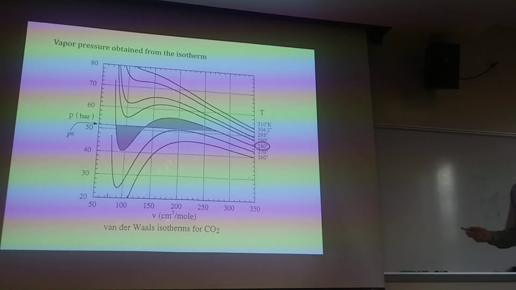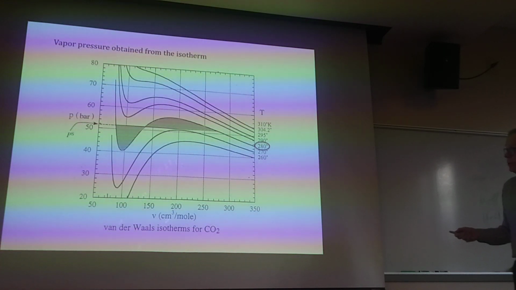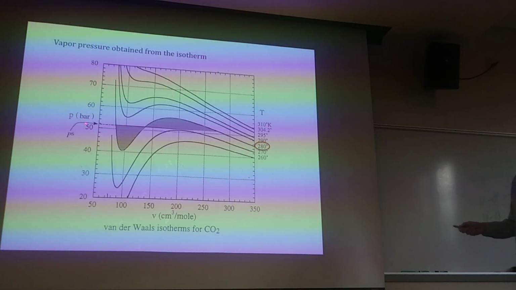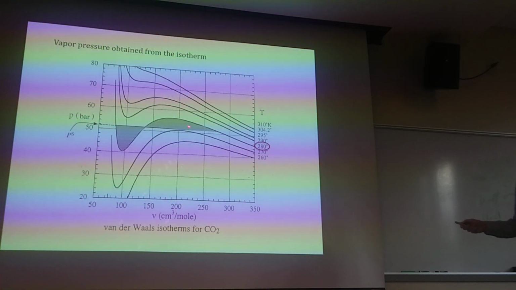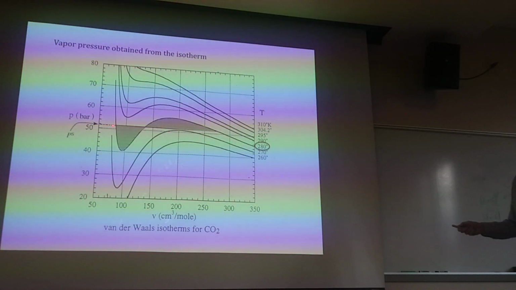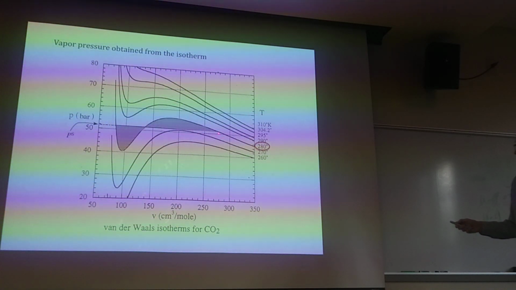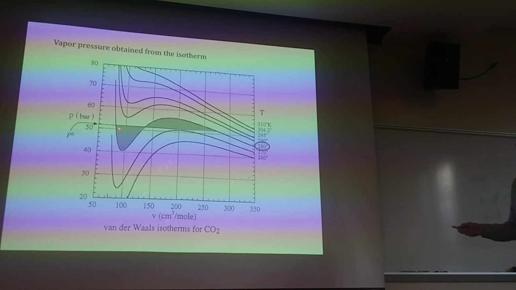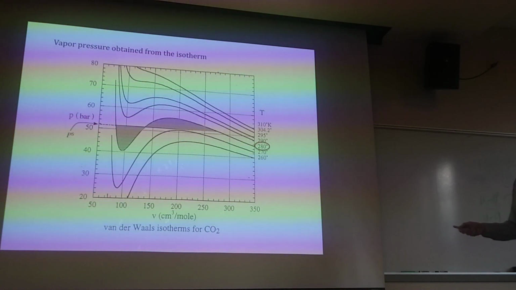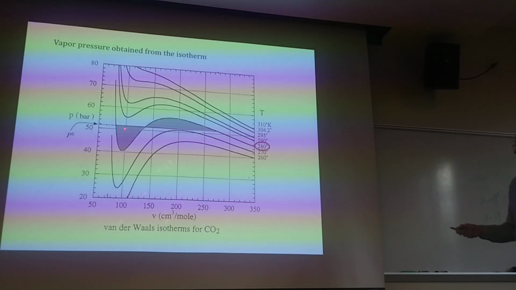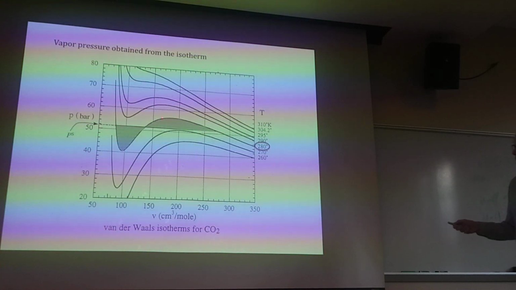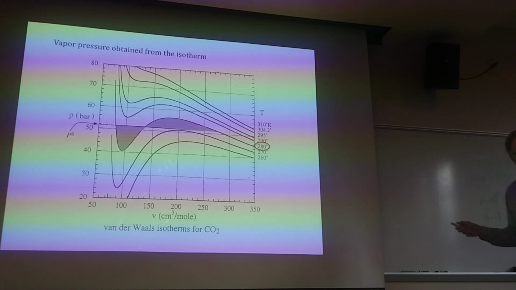Here it is. And if we choose the right pressure, the vapor pressure, then I end up with a line joining the liquid behavior here over to the vapor phase behavior. And I can locate the particular value of pressure as the vapor pressure as the one in which these areas above and below this straight line are equal.